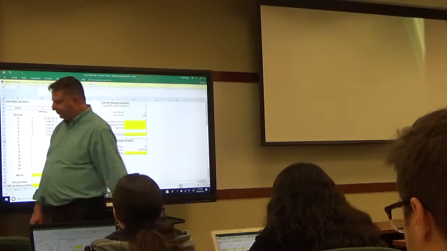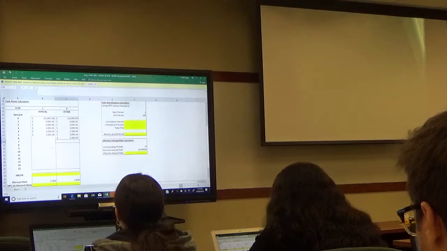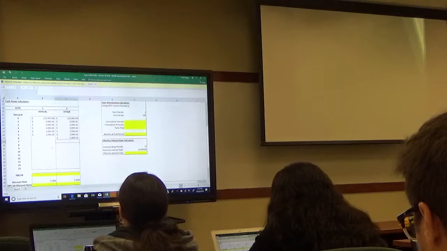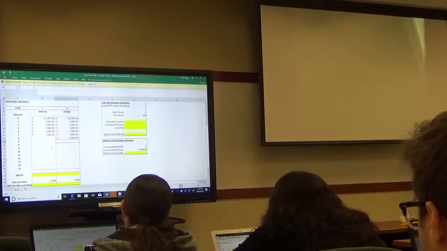So, with the calculator, you input each of these as a singular transaction, and then ultimately calculate. With Excel, it's a little bit easier.